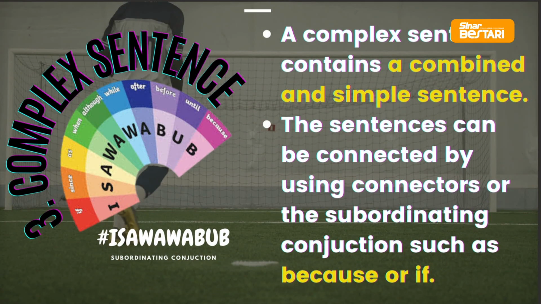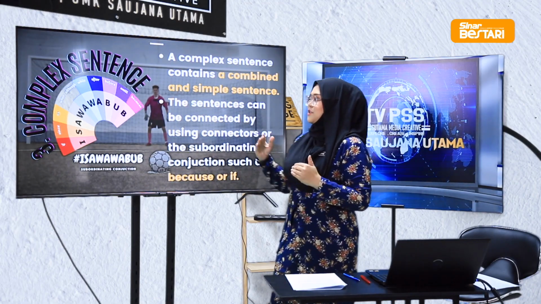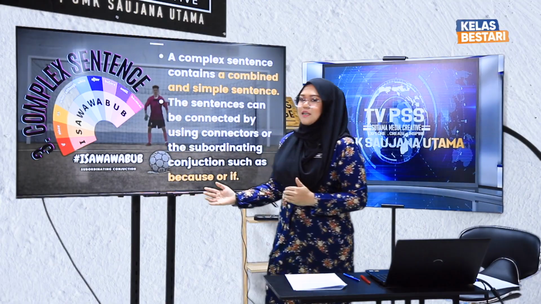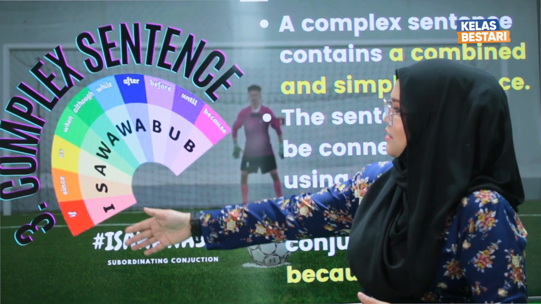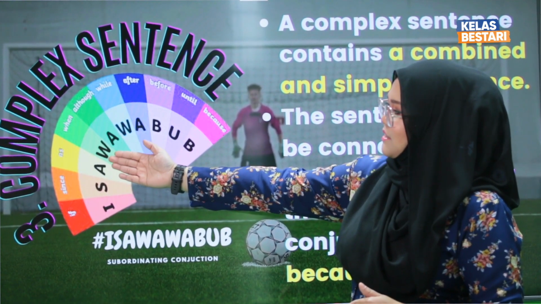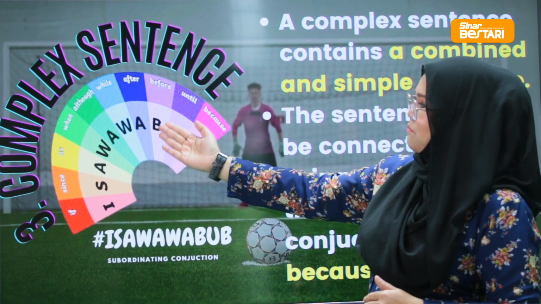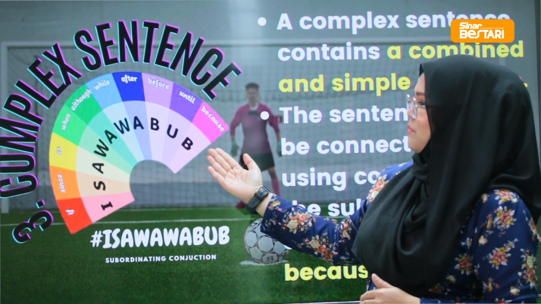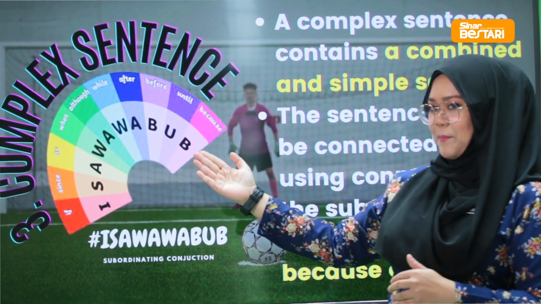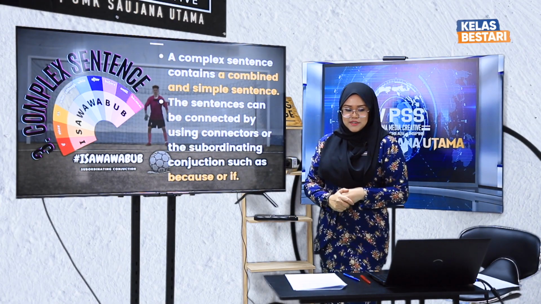So, in short, it's a wow about. So, it's a wow about consists of words like if, since, as, when, although, while, after, before, until, and because. Maybe this will make it easier for you to understand.